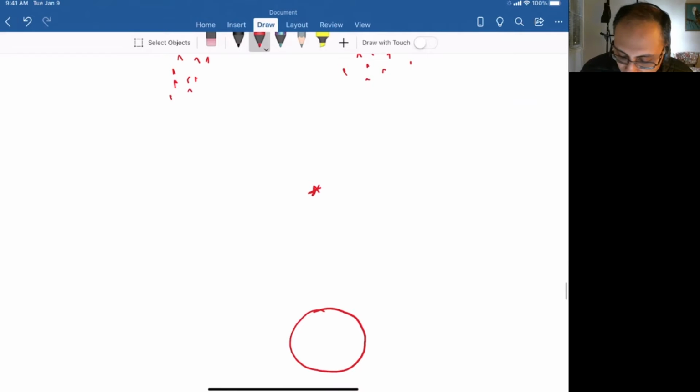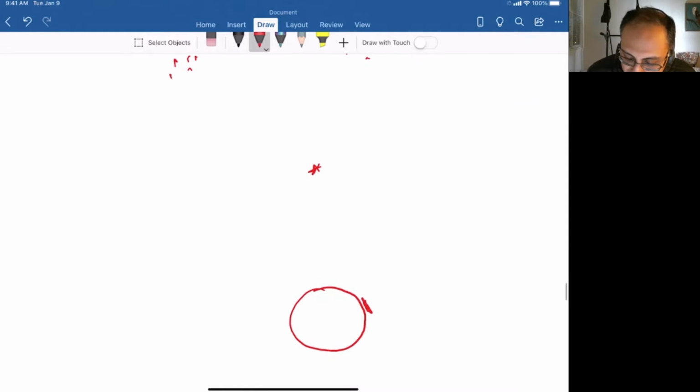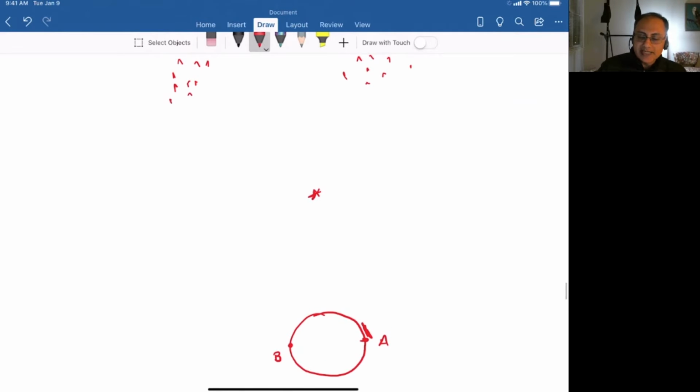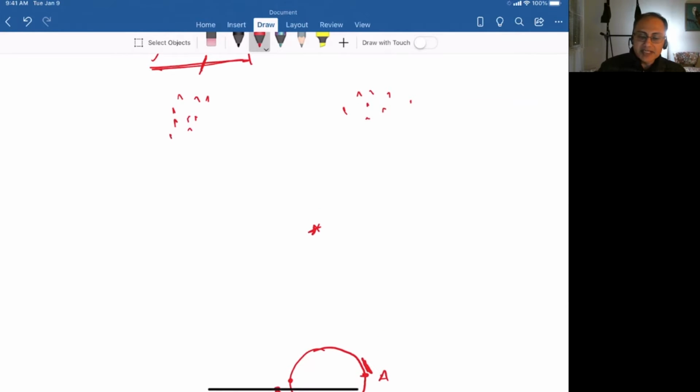Now, suppose you're on the Earth and you set up your telescope over here and you're looking at this nearby star. Let's call this location A, and let's call another location on the other side of the Earth B. So you're at A, you've pointed your telescope towards the sky, and you're looking at this nearby star. To you, this star will appear to be in the background of the group of stars on the left, right?